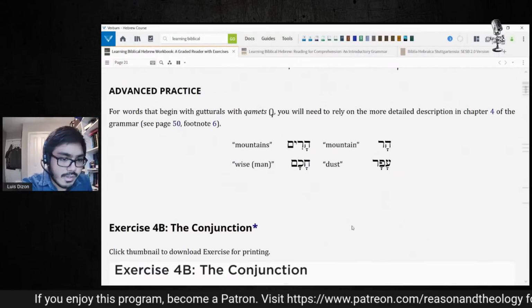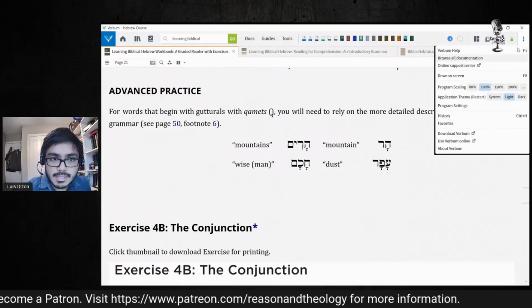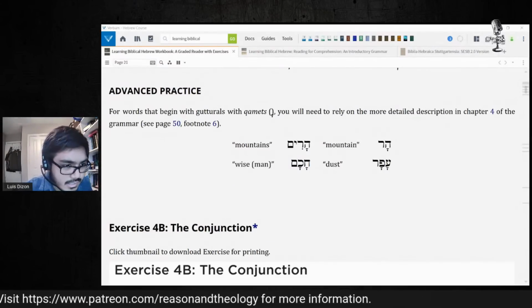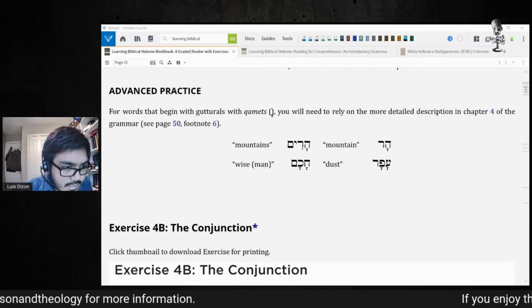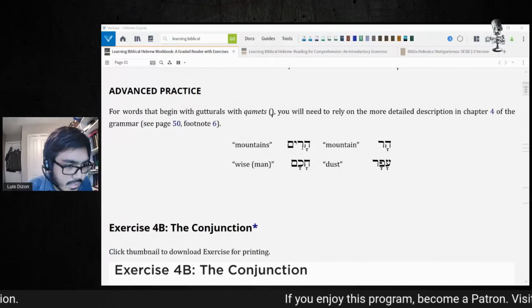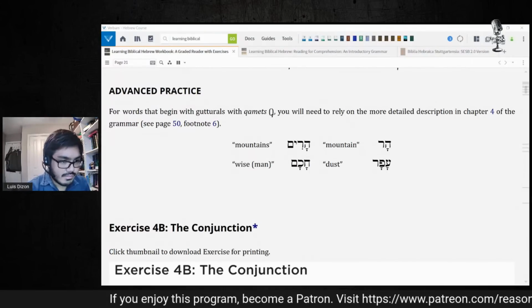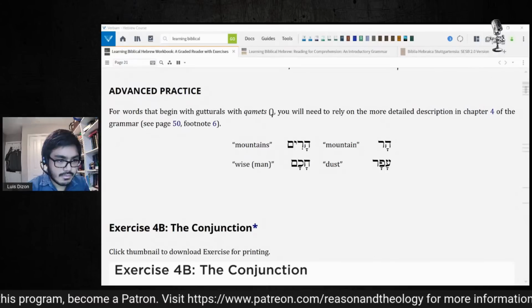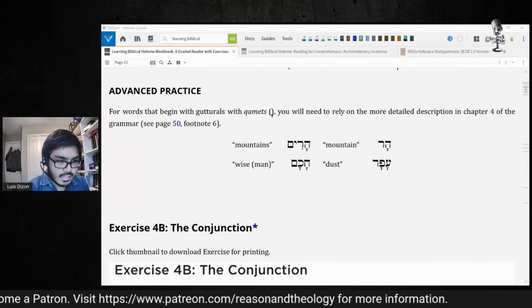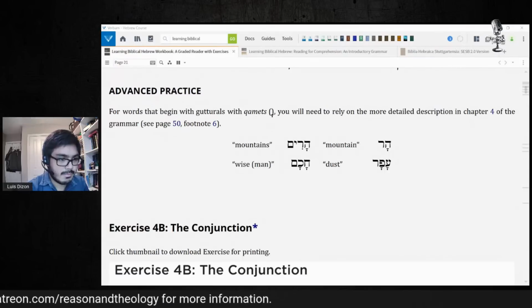And then for more advanced practice. You may recall, as mentioned earlier, some nouns will require a segol underneath the ha. So harim, chacham, har, and afar. Three of these, namely harim, chacham, and afar, have a he with a segol.